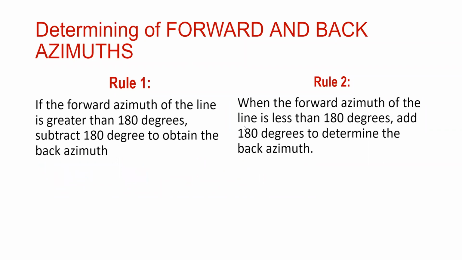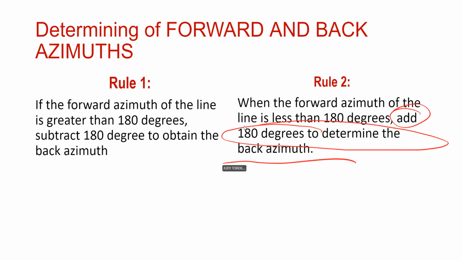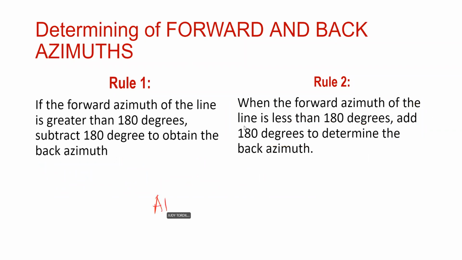So for the rule number 2, when forward azimuth natin of the line is less than 180 degree, add 180 degrees to determine the back azimuth. So let's say we have line AB and we have, let's say, 65 degree. Okay, so let's say ito yon, 65 degree from north. So pag nagkuha ka ng back bearing natin, pang north naman, kailangan mong mag-add ng 180 degree, 'di ba?